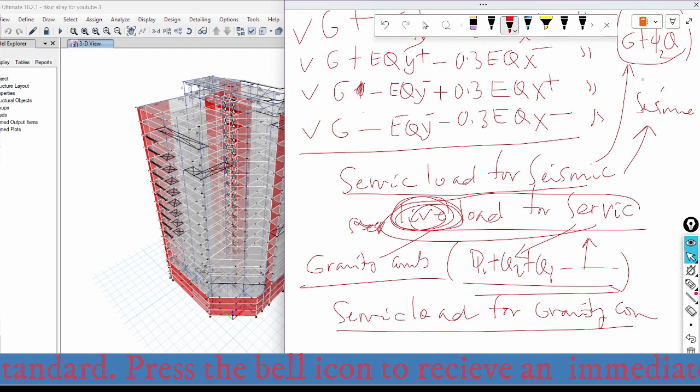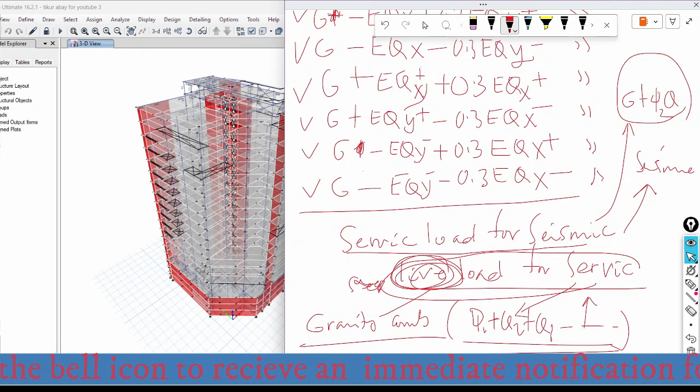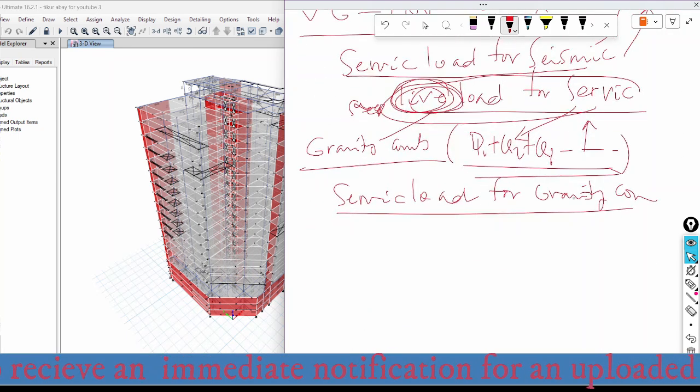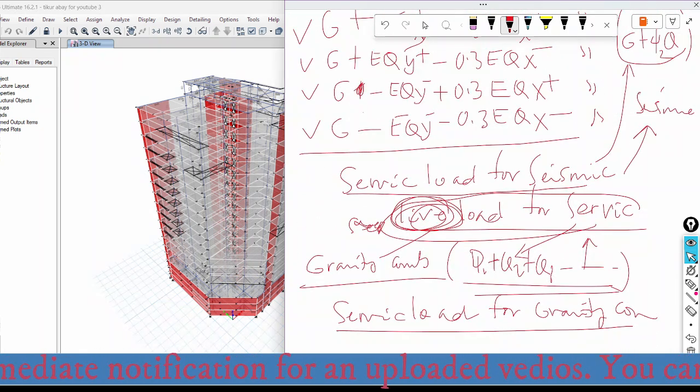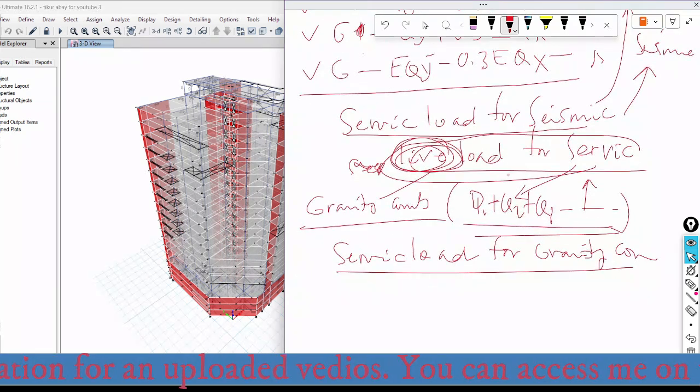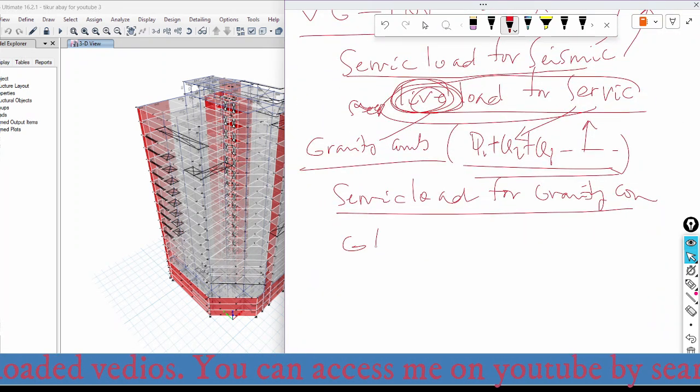In this case, I am using the reduction factor, but in the case of gravity combination, I will not be using psi 2. So instead, it becomes the permanent load plus the variable load. So the factor will be 1. This is the service load for gravity combination.